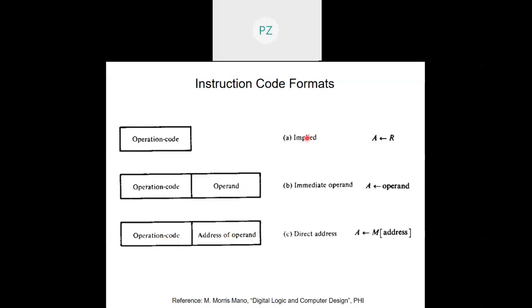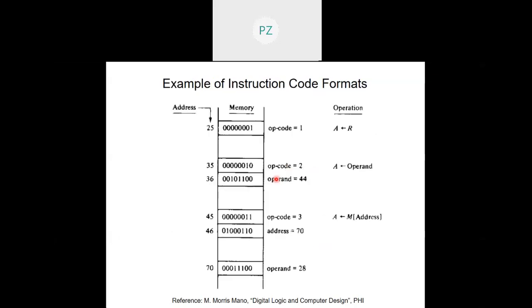So this is called implied addressing, this is called immediate addressing, this is called direct addressing. By addressing I mean the addressing of the operand. This is implied operand, immediate operand, and direct addressing of the operand that needs to be brought, right? So this will become more clear when we see more slides.